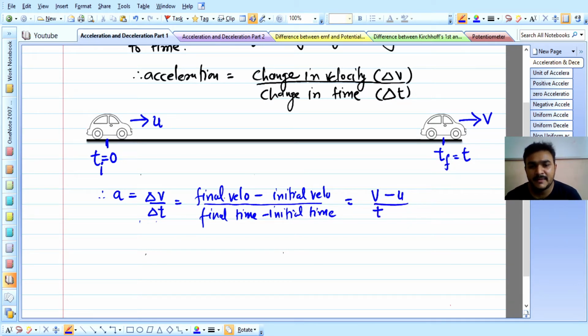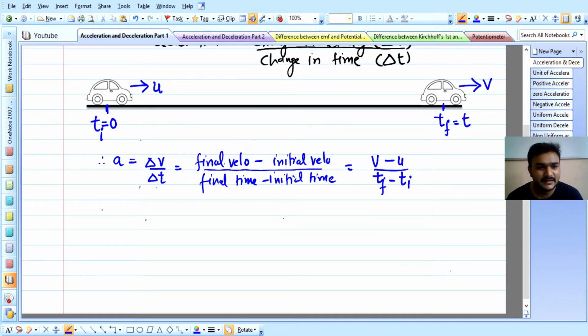Final time is tf, and initial time is ti. In physics, initial time is generally taken as 0 seconds and final time is taken as t seconds. So if I apply it here, the acceleration a is equal to v minus u upon t minus 0, which ultimately leads us to the conclusion that acceleration is equal to v minus u upon t.